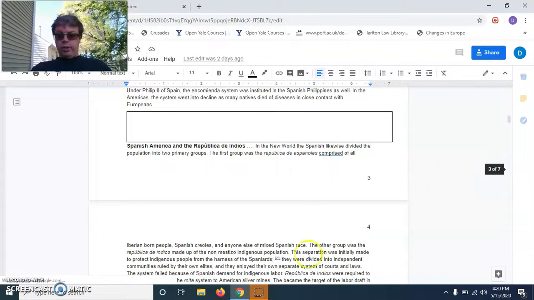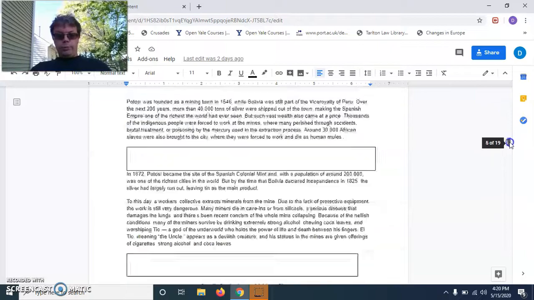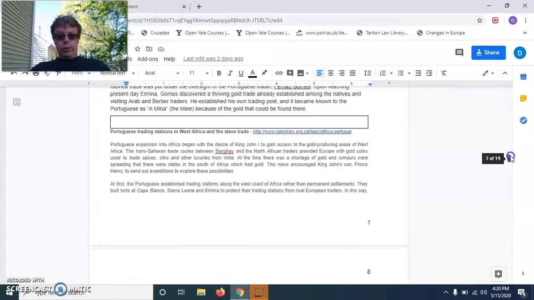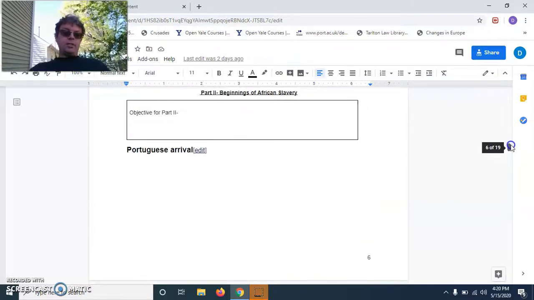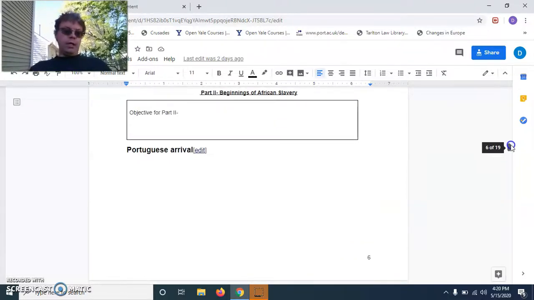the notes on basically what happens when the Europeans, like the Spanish and the Portuguese, travel to Africa and end up bringing Africans as slaves to the Americas. Now, why?